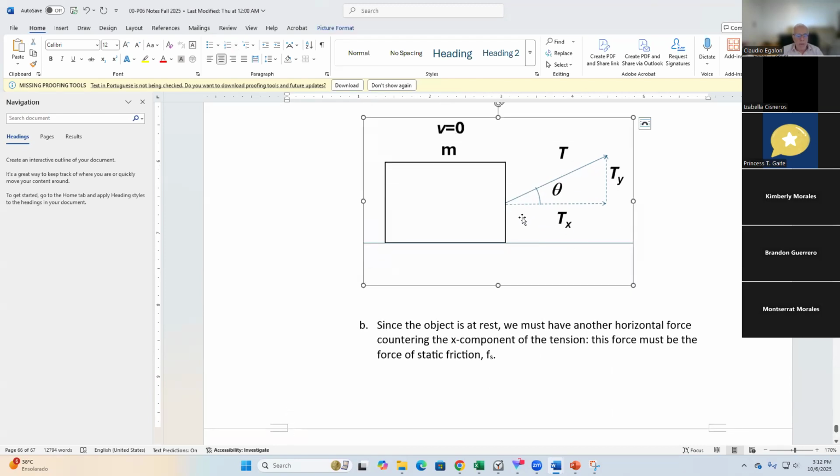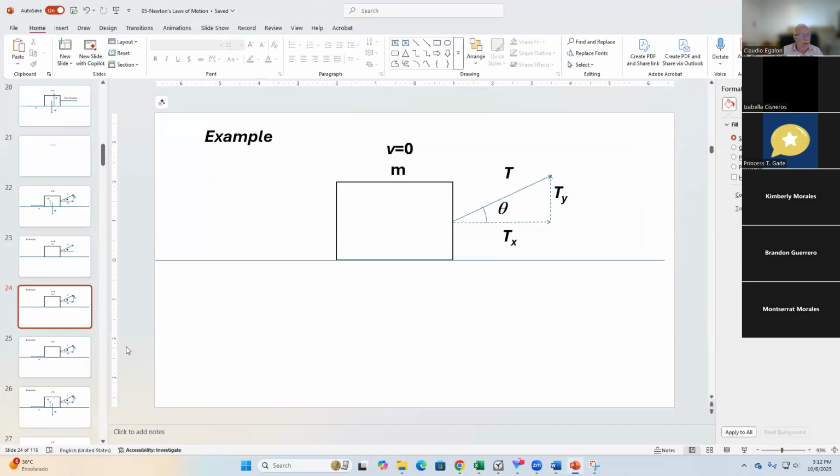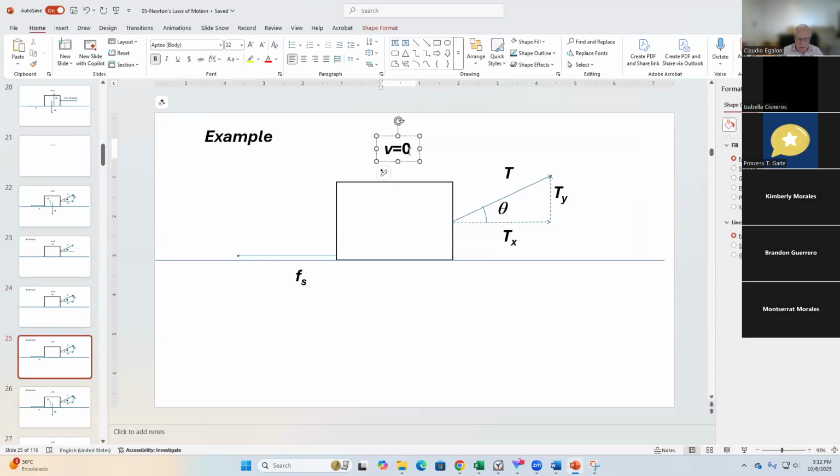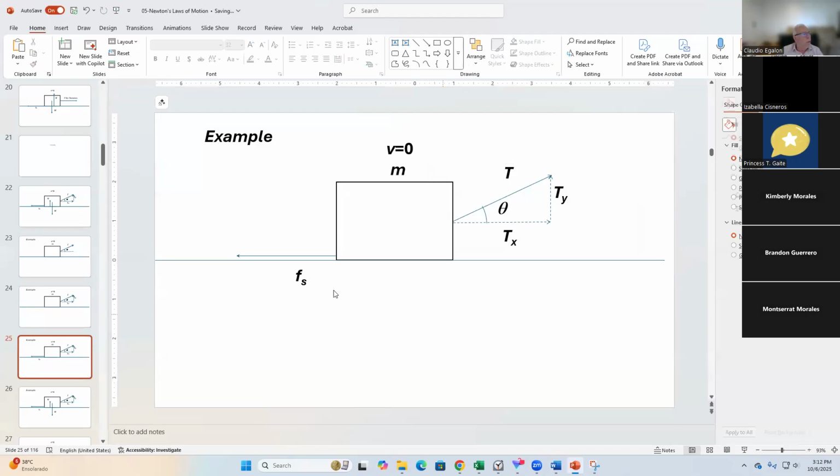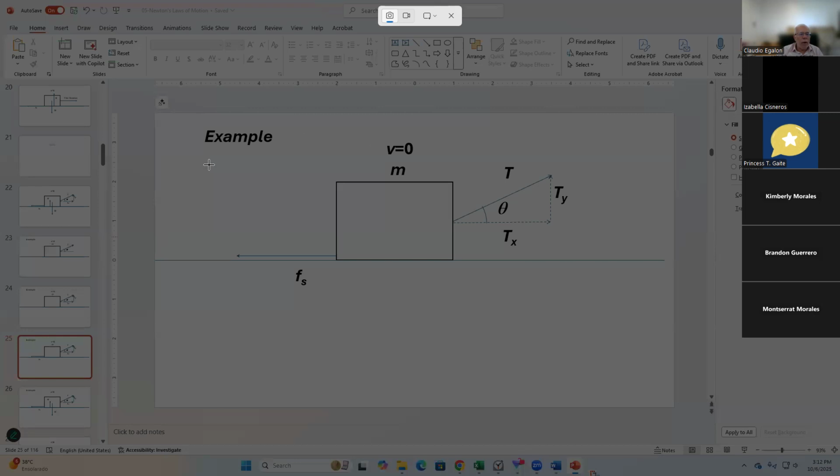Since the object is at rest, it must have a force that counters the x component of the tension. That's what this illustration is all about. So let's illustrate that as well.